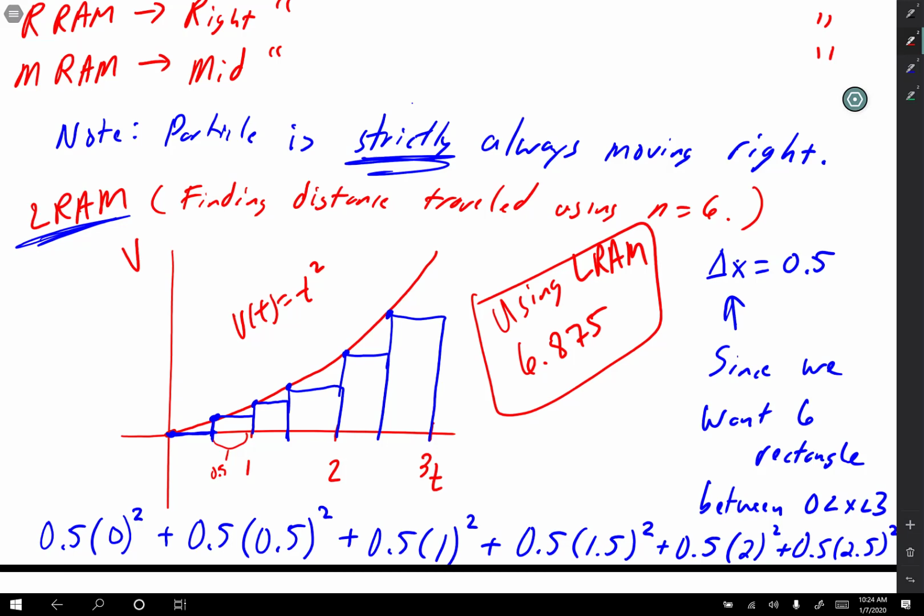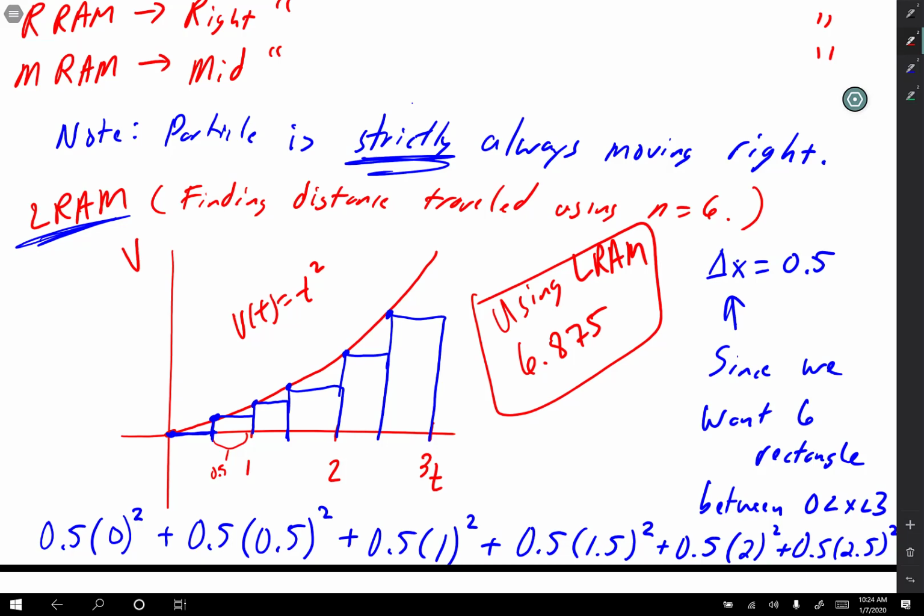The particle is only moving to the right all the time, and I'm finding the area under the velocity curve just to tell me the distance traveled. So I have moved right about 6.875 if I use LRAM.